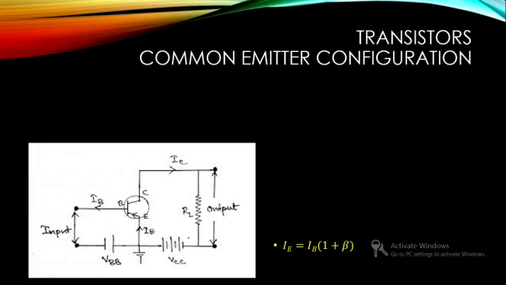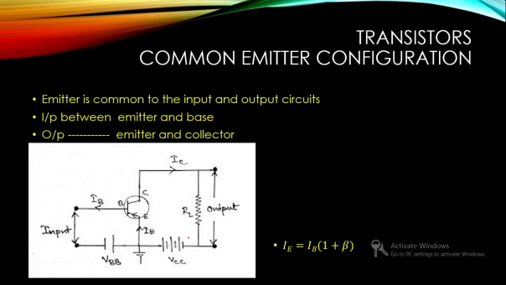We can also have the common emitter configuration, which means emitter will be common to the input and the output. So here you can see emitter is connected to the input circuit as well as the output circuit. Okay, so input supply is given between base and emitter, while output is supplied between collector and emitter, again emitter.